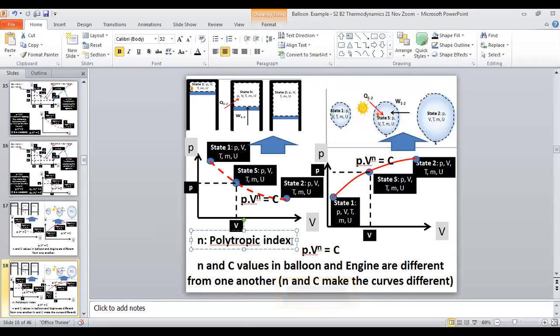Later I will explain why this is called that. And C is called the polytropic constant. Okay? Polytropic constant. Let me duplicate the slide first.